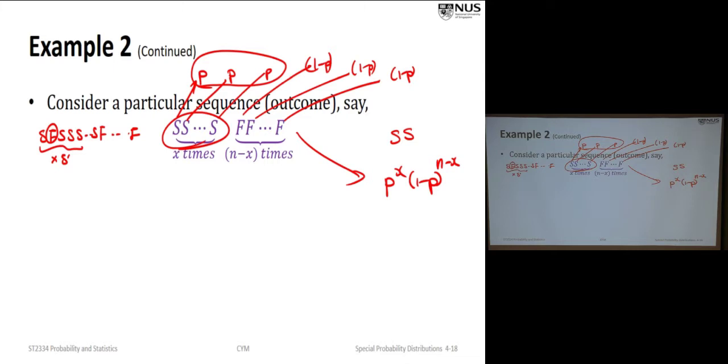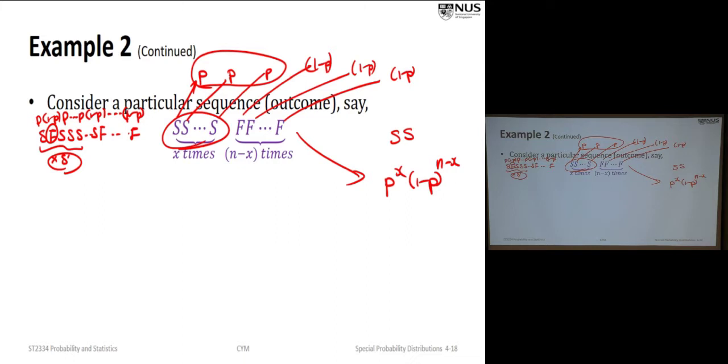I still have X successes and n minus X failures, so it is P times (1 minus P) times P times P times (1 minus P) and so on. How many (1 minus P) are there? n minus X. How many P's are there? X. So this particular sequence also gives me X successes out of n trials.